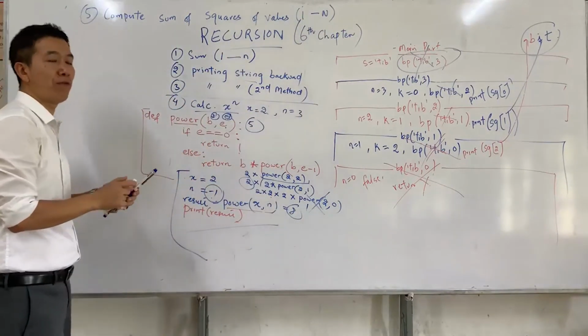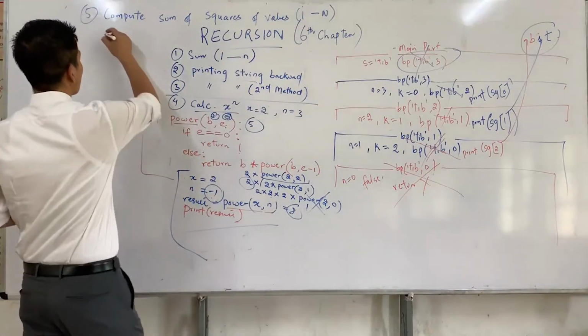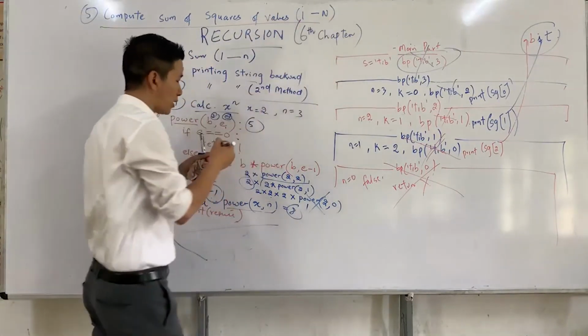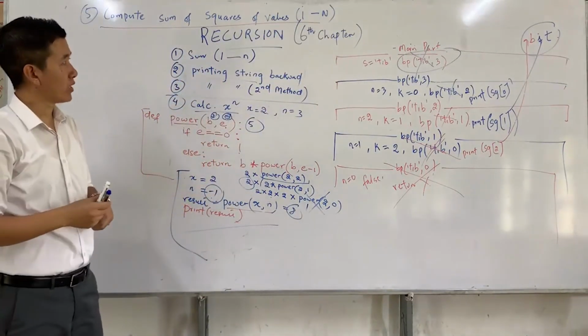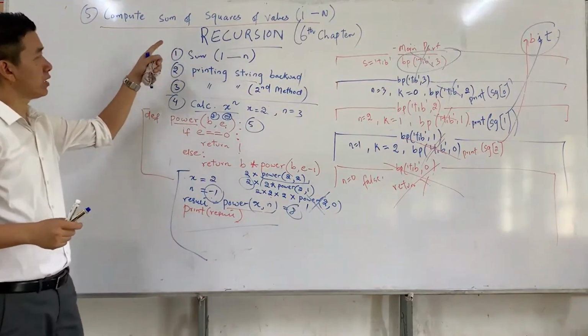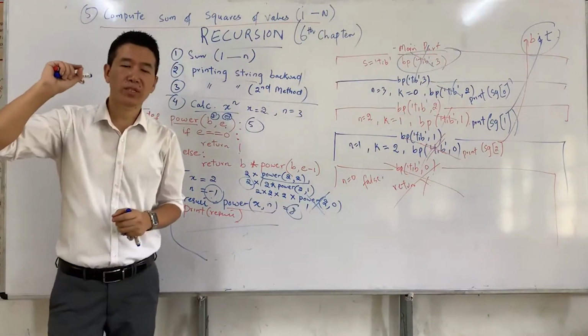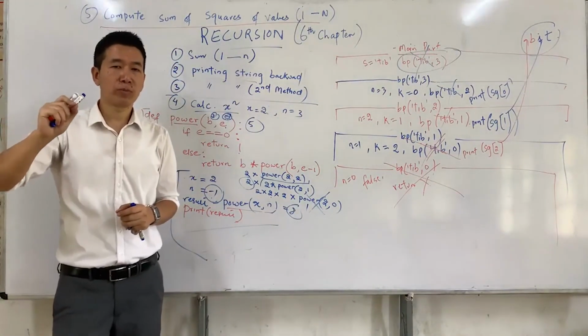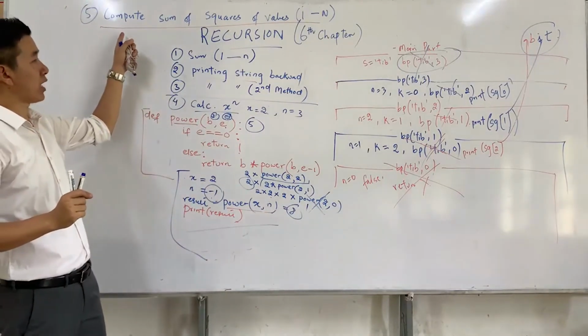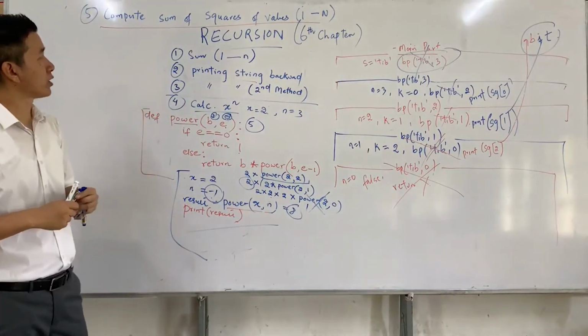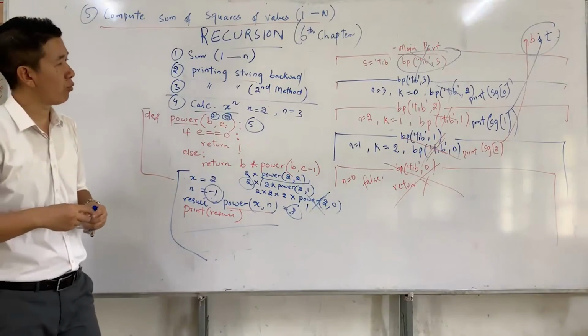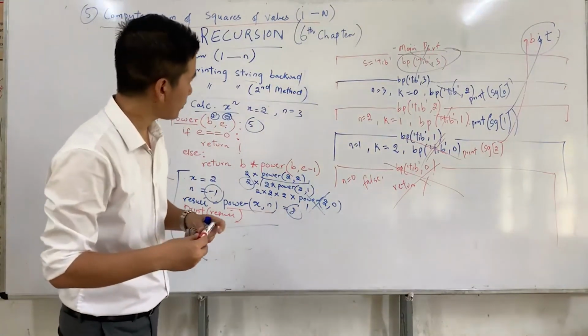Okay, so you have a food for thought. You could actually try this. It's a part of the textbook questions. So again, it's just a matter of little twist in your thought process. You should be able to write the program for this particular question. Compute sum of squares of values starting from 1 to n.